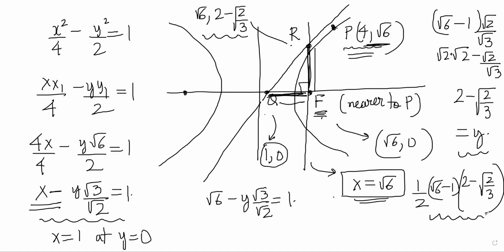So let's calculate it now. Half of root 6 minus 1, and this becomes 2 by root 6 minus 1. So basically I'm writing this as 2 minus 2 by root 6.